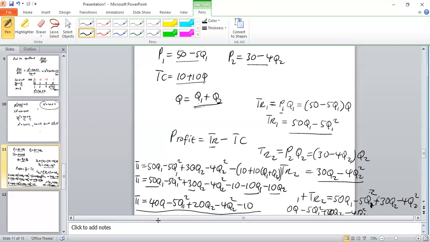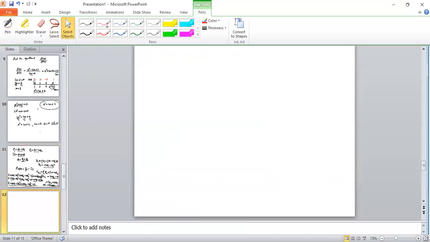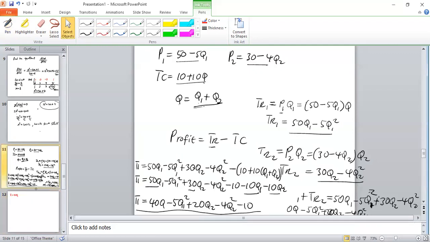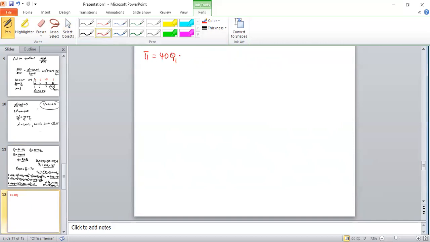As I go to the next page, give me the profit function, pi. Pi equals 40Q1 minus 5Q1 squared plus 20Q2 plus 4Q2 squared minus 10.